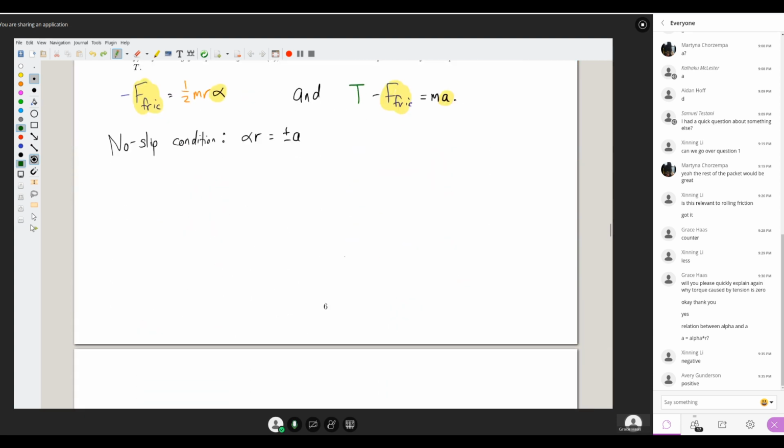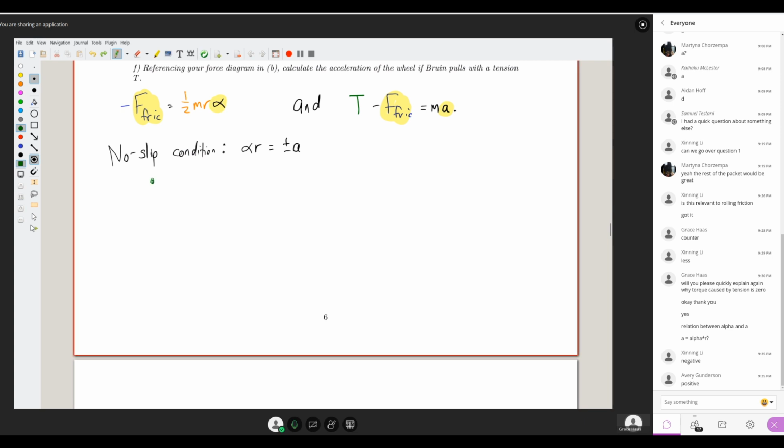So looking at the diagram, we are translating to the right, which is positive, but rotating clockwise, which is negative. So these two are opposite signs. So this means that alpha r equals minus A.